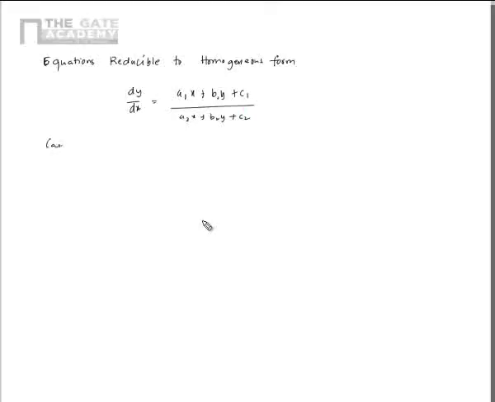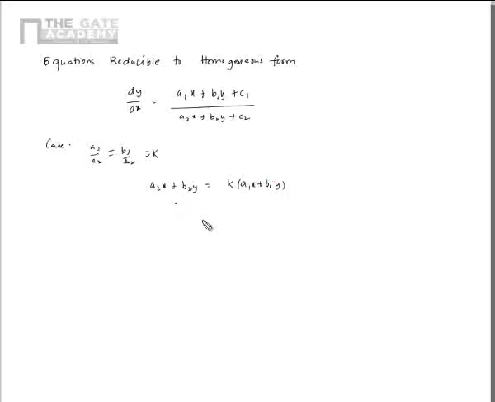Case one, when a1 by a2 is equal to b1 by b2, some constant k. Then you can write a2x plus b2y as k times a1x plus b1y. This can always be written when you have a1 by a2 equal to b1 by b2 equal to k.